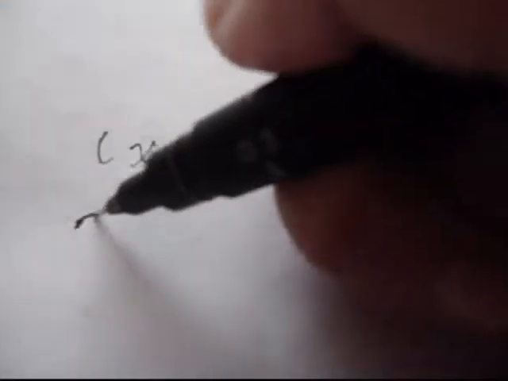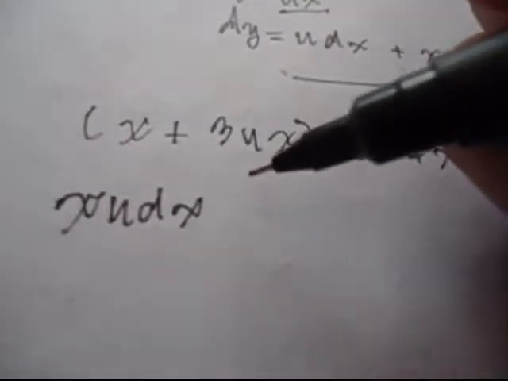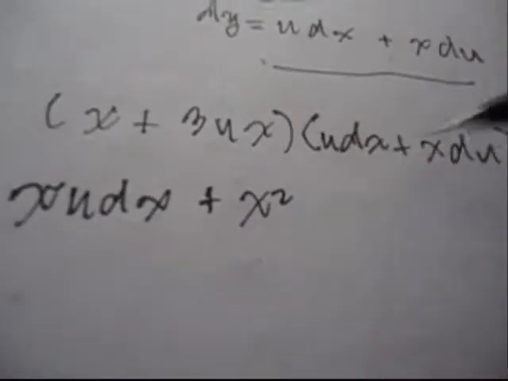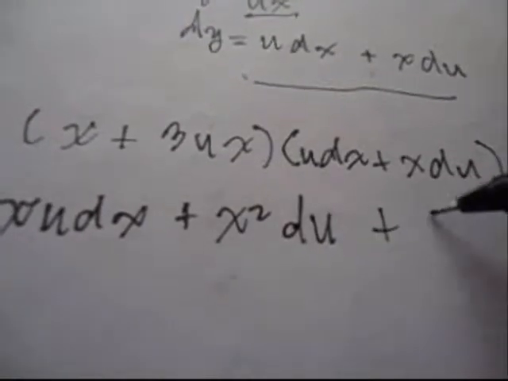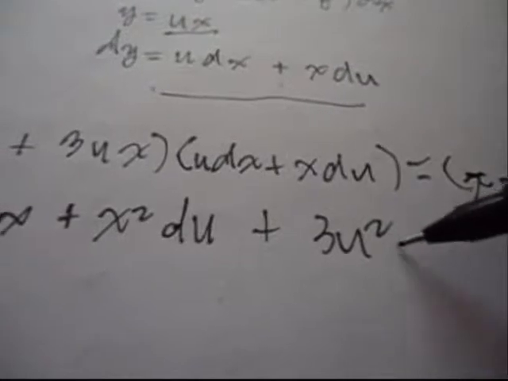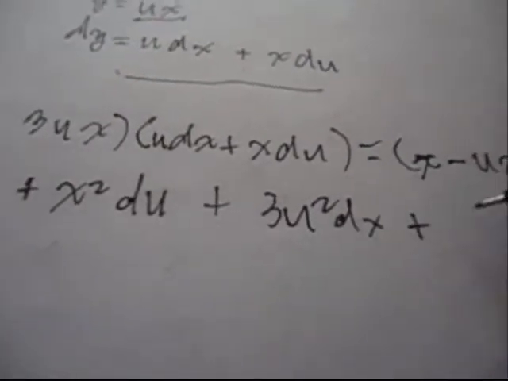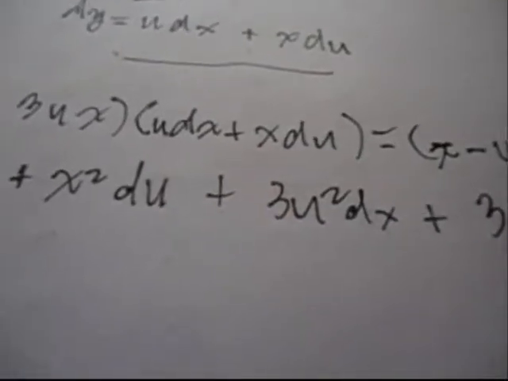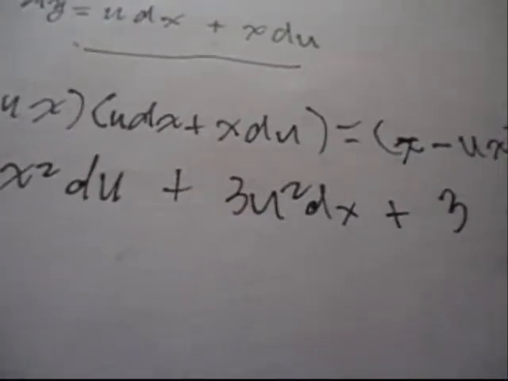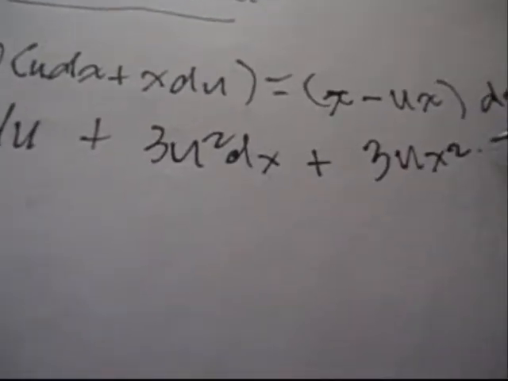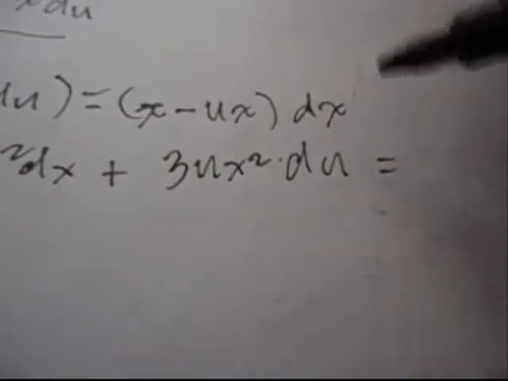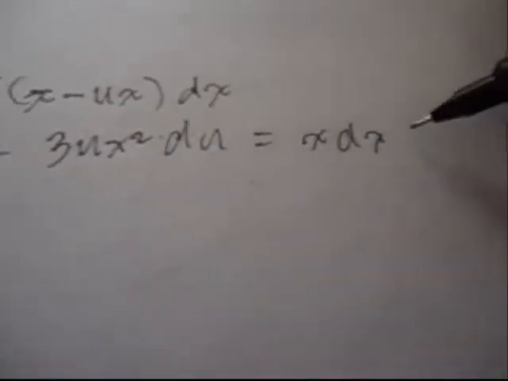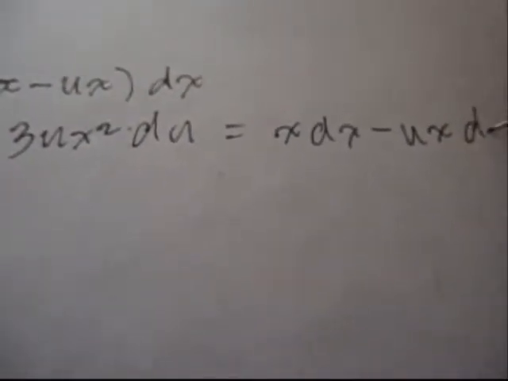Then we will perform the operations here, so we will have x u dx plus x squared du plus 3u squared dx plus 3u x squared du equals distribute dx: x dx minus ux dx.